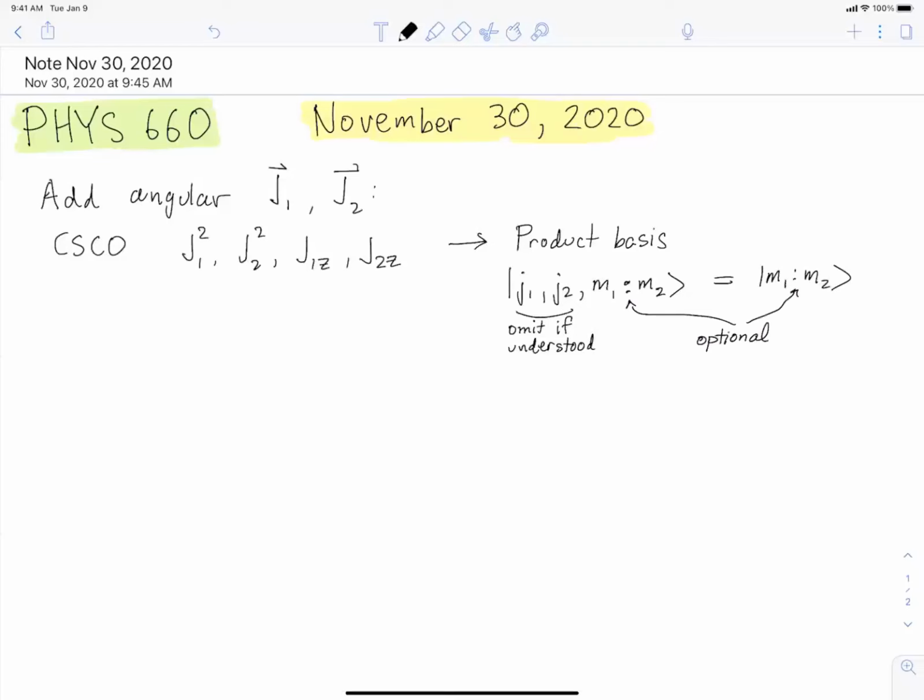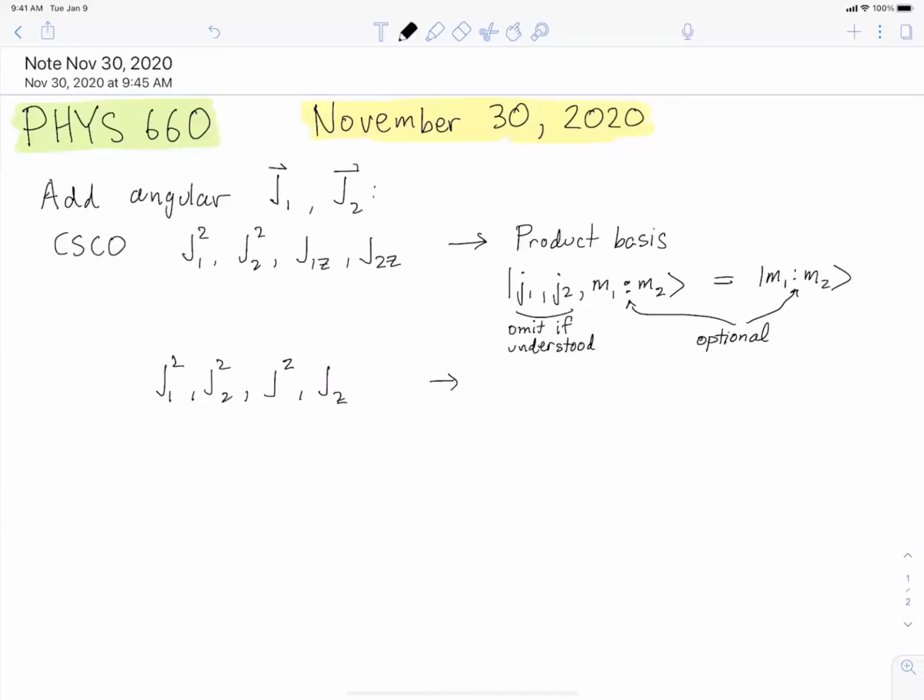And so the other complete set of commuting observables is J1 squared, J2 squared, and the total z component, Jz, and the total J squared. I guess it's traditional to write them in the opposite order. So I could write J squared and Jz.